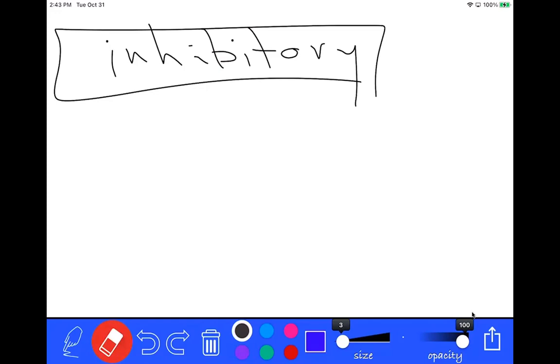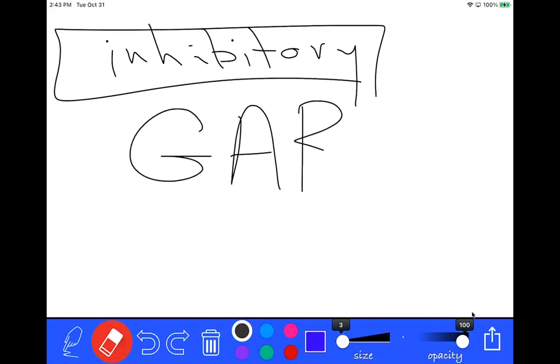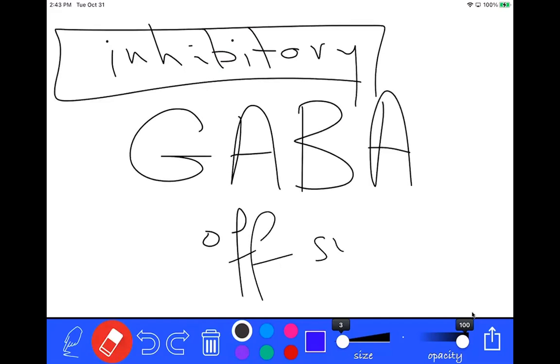An example of an always inhibitory neurotransmitter is GABA, gamma amino butyric acid. GABA is like the off switch of the brain. If you want to inhibit any neuron, release GABA, and this neuron will be prevented from working. This neuron will be asleep.